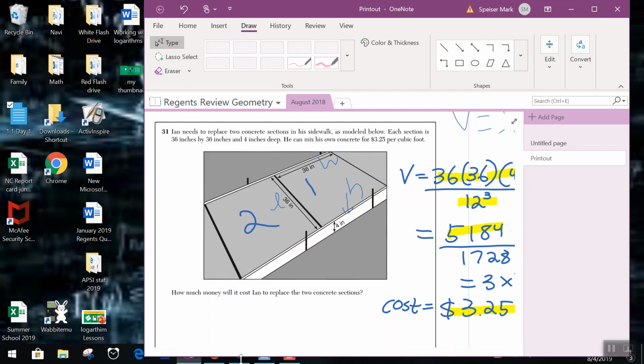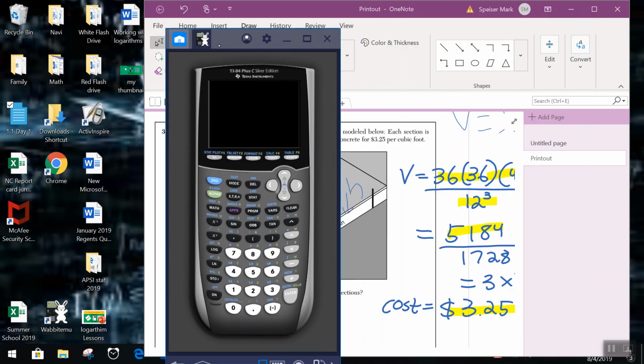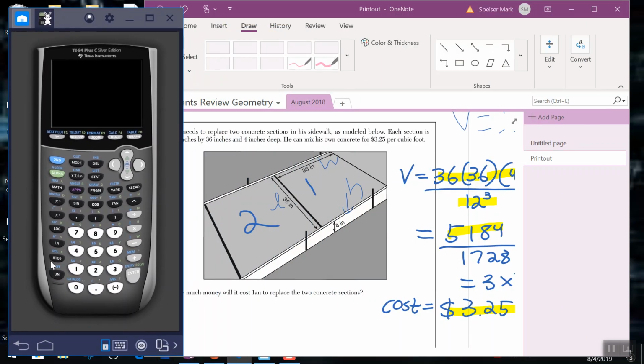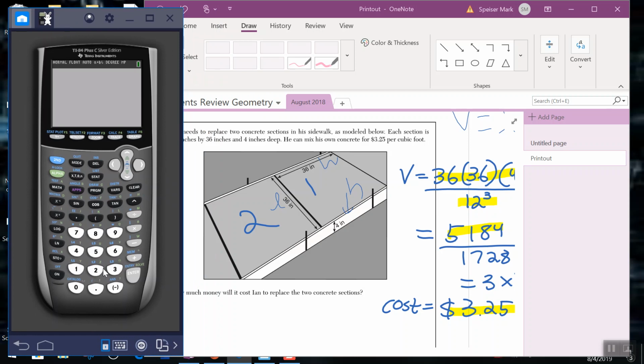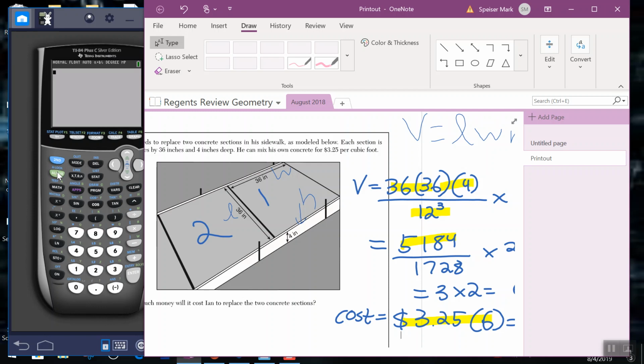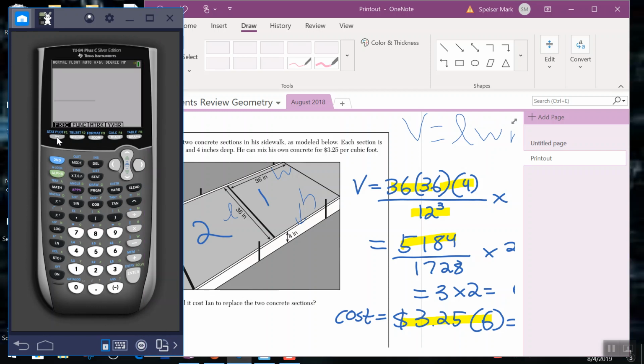So we take out our calculator, turn it on, do it slowly, do it all in one step, very conveniently. Hit alpha, y equals to get the fraction. In the numerator, put 36 times 36 times 4.